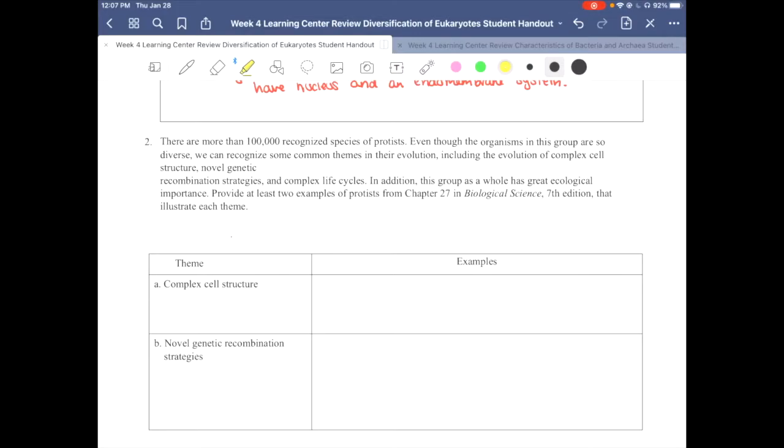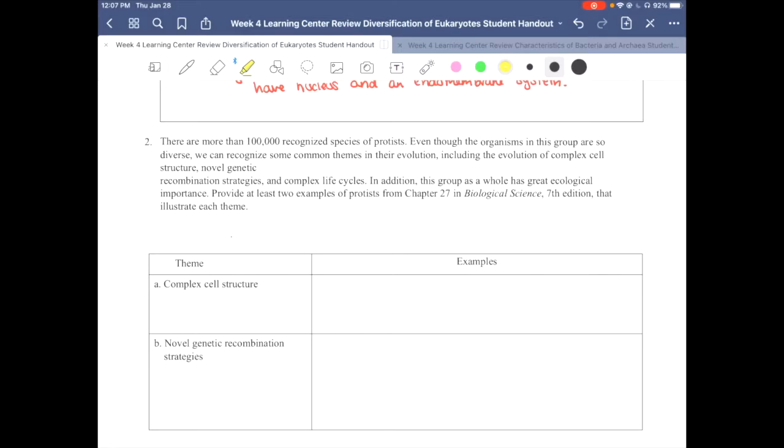In the previous question, we talked about how protists are very diverse and are called the catch-all group, but now we're looking at what they have in common, including their cell structure, how their genetic recombination strategies work, and their lifestyle.